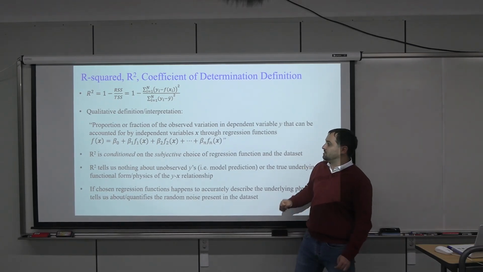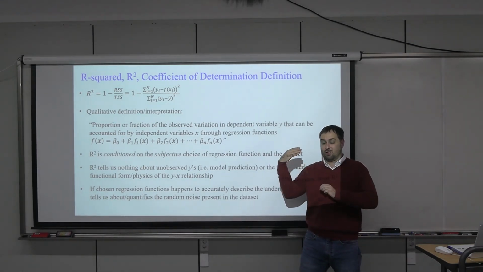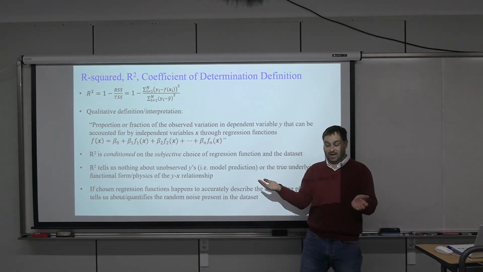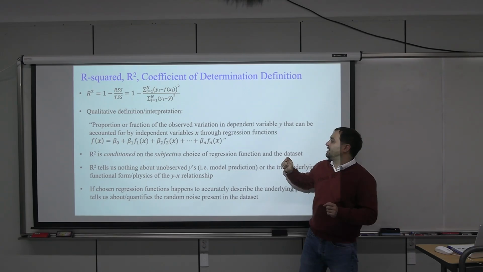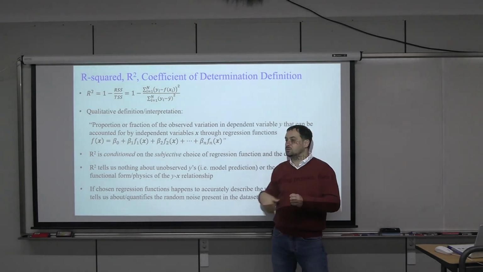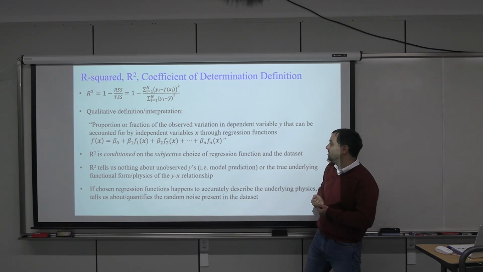And so if we just look at our y values, we can calculate the mean of y and the variance of y. That variance, if we account for the independent variables, the regression will account for a fraction of that total variance.